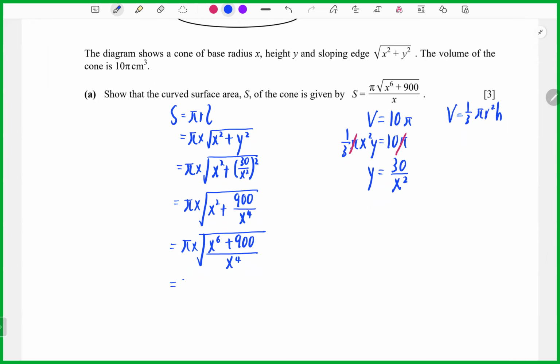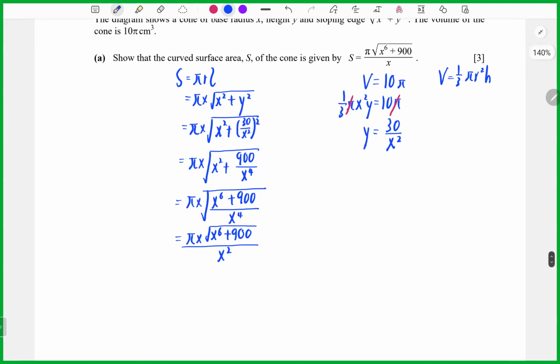So I can write in this way, pi x, here is square root of x squared plus x power 6 plus 900 over, because the square will come, the x squared here. So it equals to pi, x power 6 plus 900 over x only.